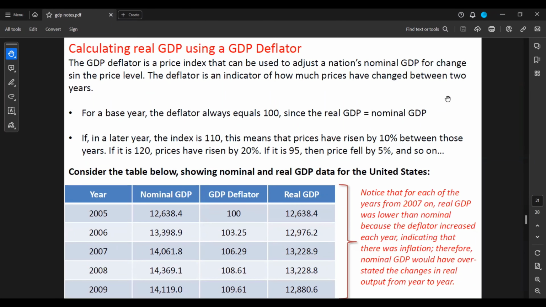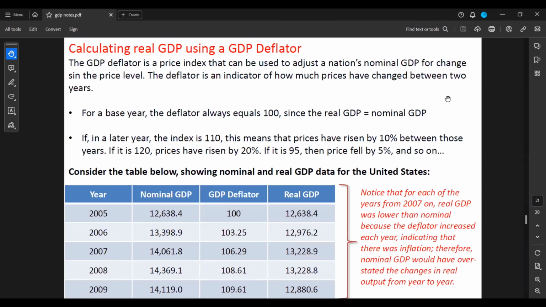Calculating real GDP using a GDP deflator. The GDP deflator is a price index that can be used to adjust a nation's nominal GDP for changes in the price level. The GDP deflator is an indicator of how much prices have changed between 2 years.